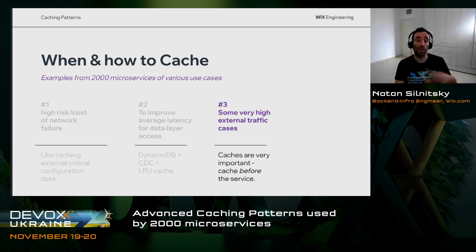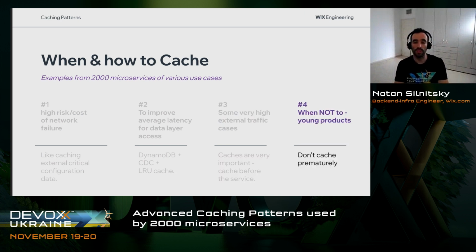So in this case, you don't put a cache before your database. You actually put a cache proxy before your data center, at the edge of your data center. And this can really improve the situation for your main flows incoming to your microservices.